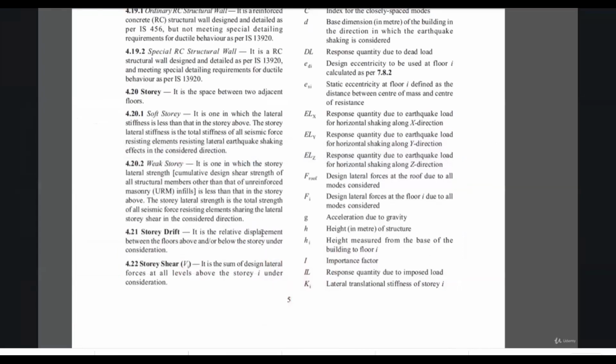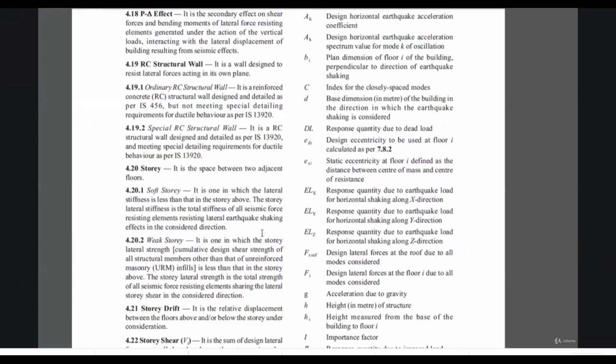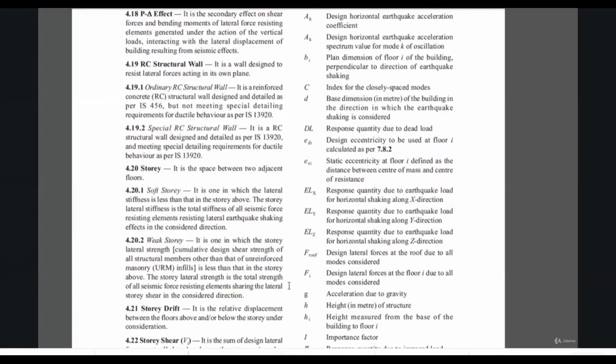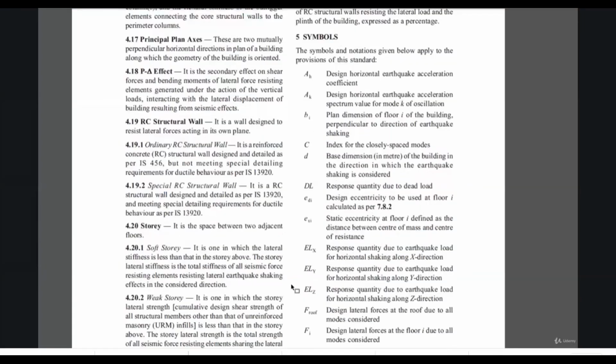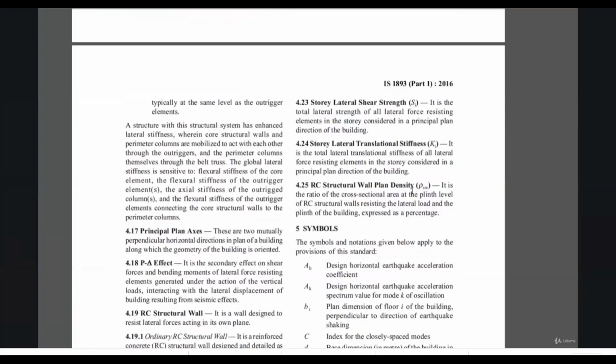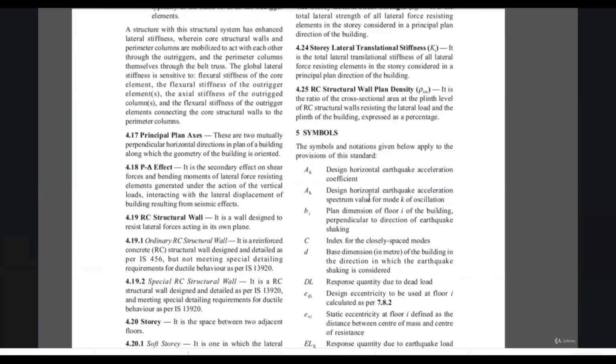After that, story shear: it is the sum of design lateral forces at all levels above the story i under consideration. After that, story lateral shear strength, story lateral translational stiffness, and RC structural wall plan density. These are the parameters for which the code has provided definitions.